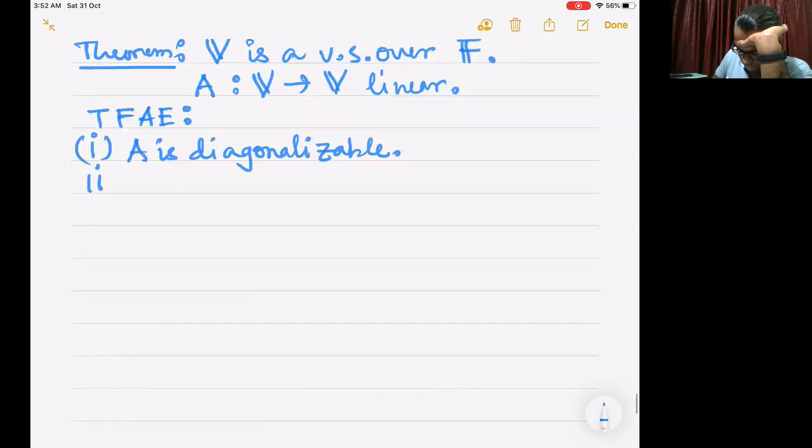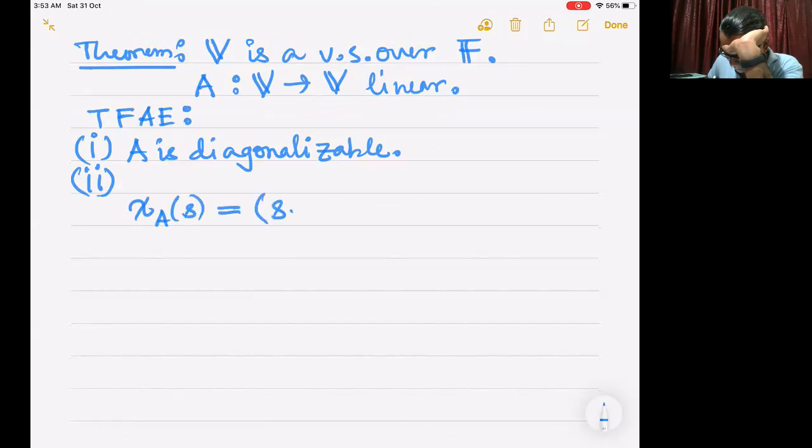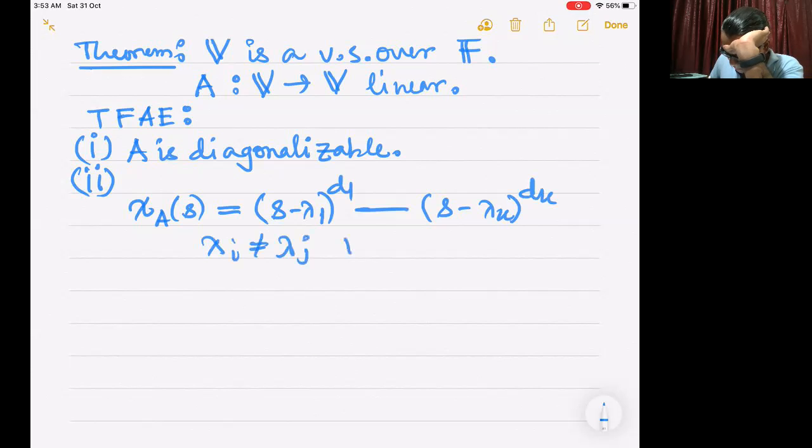Number two, chi_A(s) looks like (s minus lambda_1) to the power d1 up to (s minus lambda_k) to the power dk, with lambda_i not equal to lambda_j for all i not equal to j.